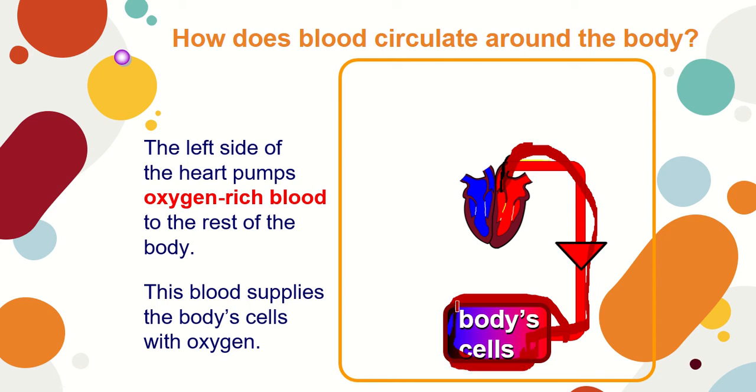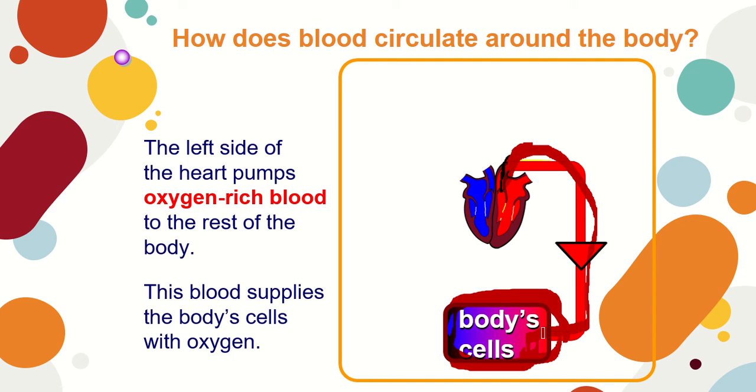Ano-ano ba yung mga body cells? For example, kidney. So, yung kidney, kailangan siyang puntahan na blood at magdala ng oxygen para mag-function ang kidney. Also, sa brain, pupunta ang blood kay brain na may dalang oxygen para mag-function ang brain. Okay? Para hindi kulangin ng oxygen. So, ganun din sa stomach.